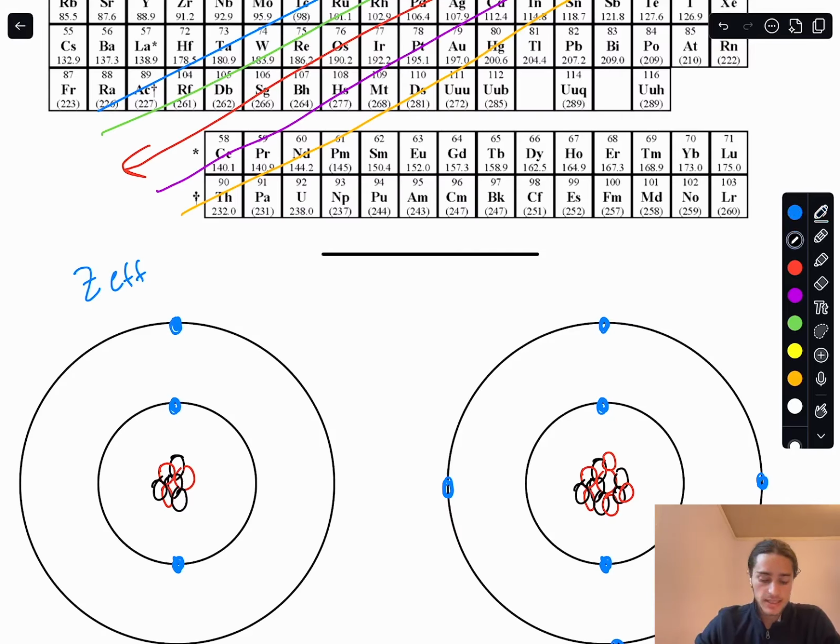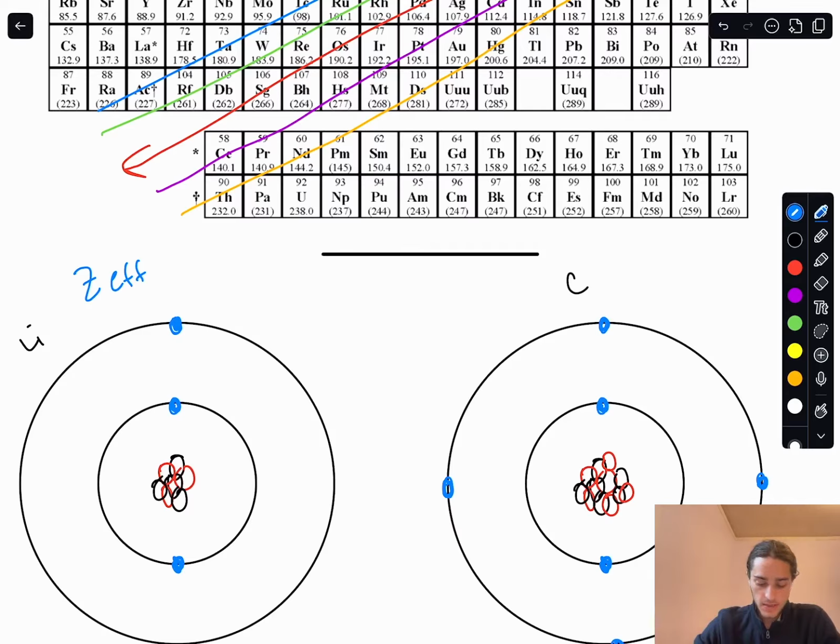Looking at these two atoms, lithium and carbon, when we calculate an effective nuclear charge, we typically do it for the valence electrons because, of course, it's chemistry, and the valence electrons are the ones that do all the chemistry. They do all the bonding. So those are the ones we typically care about.